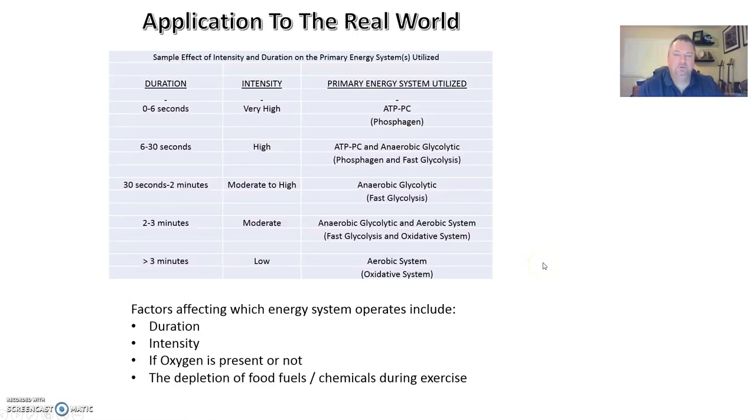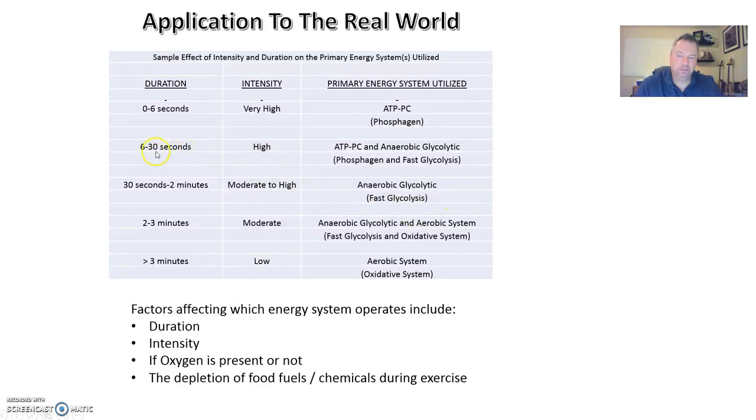How does this apply to the real world? Well, we can see in the chart here, sample effect of intensity and duration on a primary energy system utilized. We can see under very high intensity for 0 to 6 seconds, we're primarily using the ATP, PC, or phosphagen system.